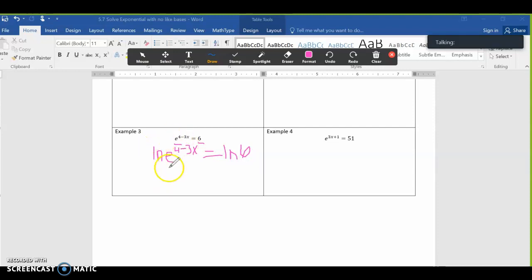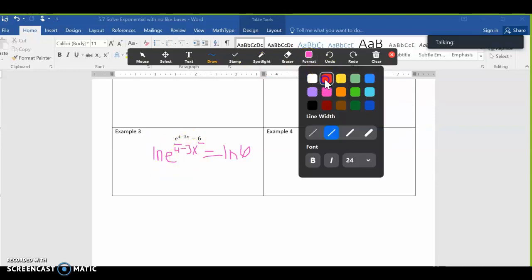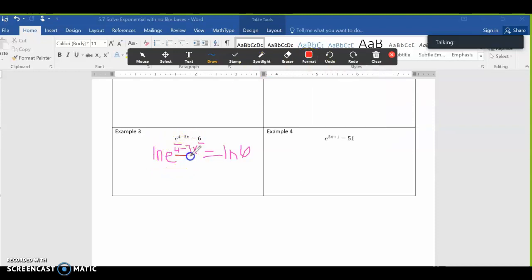So ln and e. First I'm going to use the power property, which states that this is my exponent, so I can move it in the front. And then I have the exponent times ln e equals ln 6. So ln and e are inverses, so they cancel each other out.